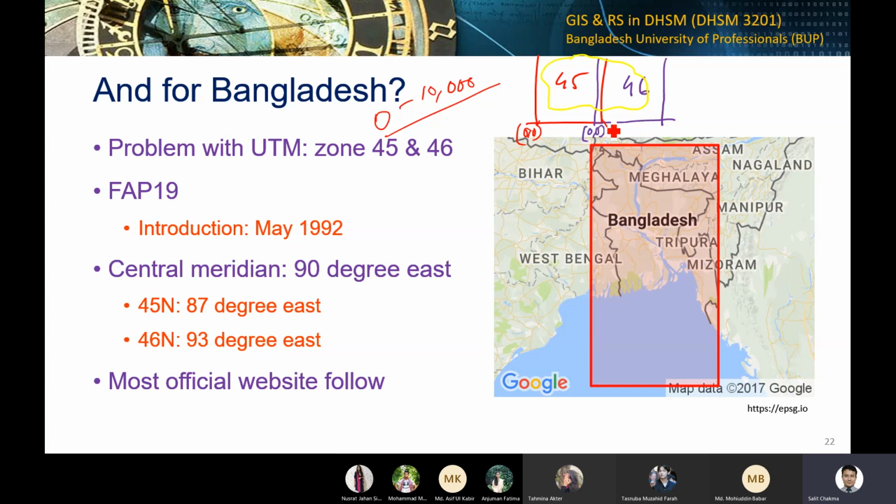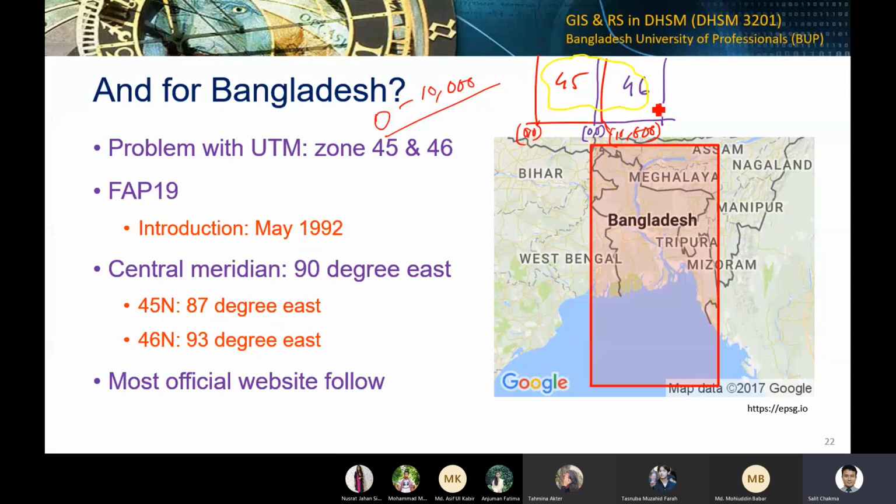And this 10,000 is here. If we go beyond that, it cannot represent. It starts to add distortion. That means it starts to add some errors. The accuracy is not 1 meter anymore. So accuracy is decreasing, and decreasing means lots of errors are being added.